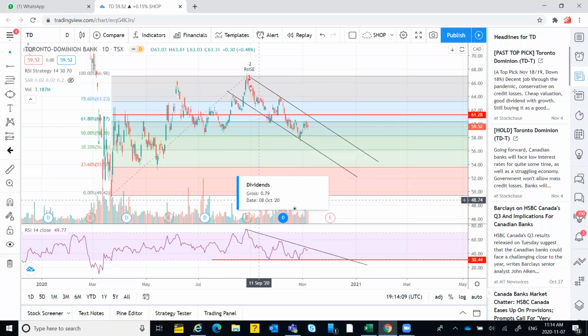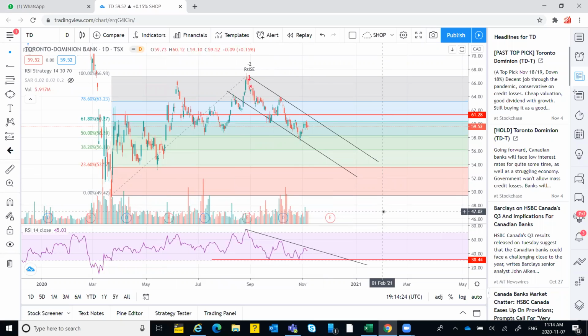This is the one cycle: before earnings it goes up, after earnings it goes down, and before the dividend it goes up again. That's how it completes one cycle of price movement.